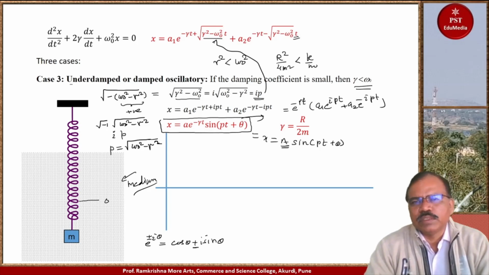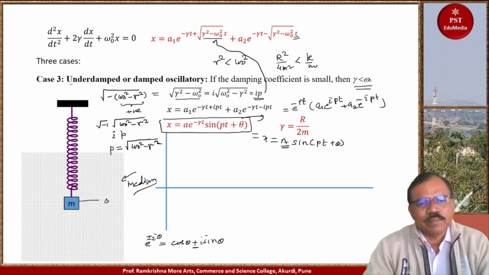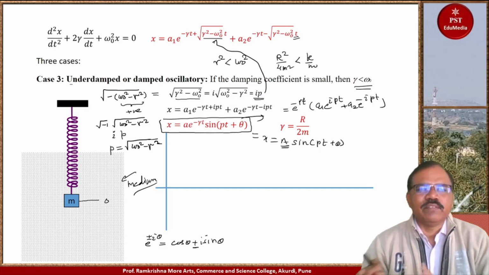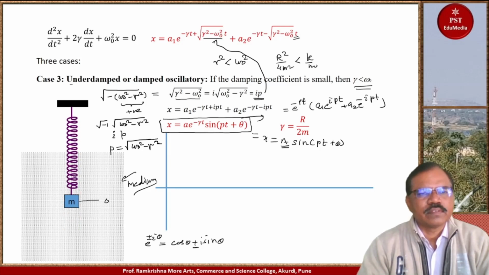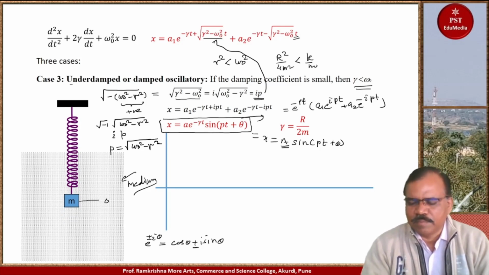But here the damping force is less than the restoring force. So what will happen when we release this? See here, the oscillator is moving about the equilibrium position, but the amplitude goes on decreasing, and finally the oscillator will come to rest. So when we release it, it oscillates about the equilibrium position, but the amplitude goes on decreasing, and finally it comes to rest.